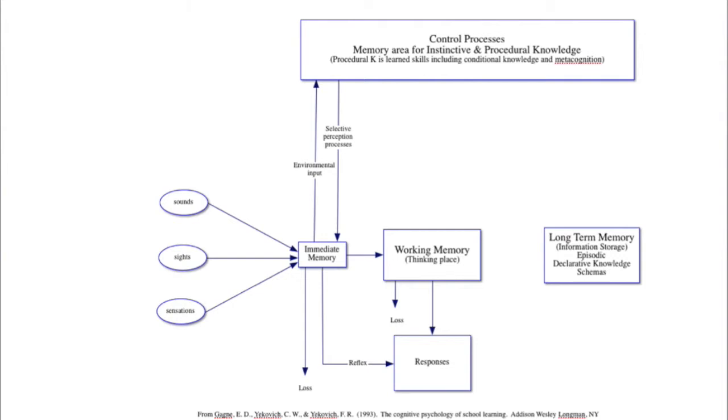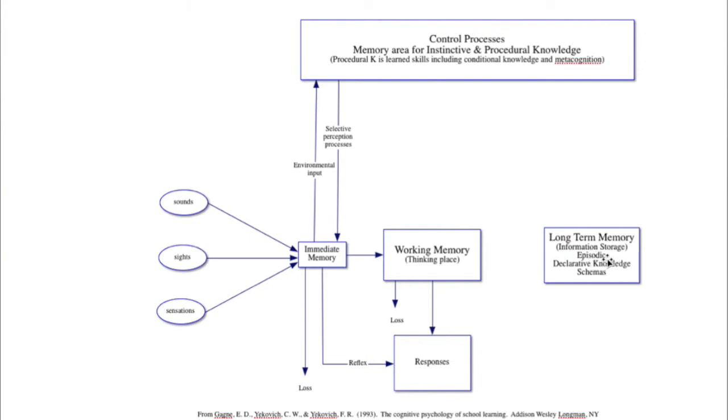What can happen, and I alluded to this earlier when I gave you the five number sequence and asked you to memorize it, is that if you were able to quickly develop a strategy to take that 5-digit number and make it more meaningful, what you were actually doing was taking that information that was in your working memory and passing it over to your long-term memory.